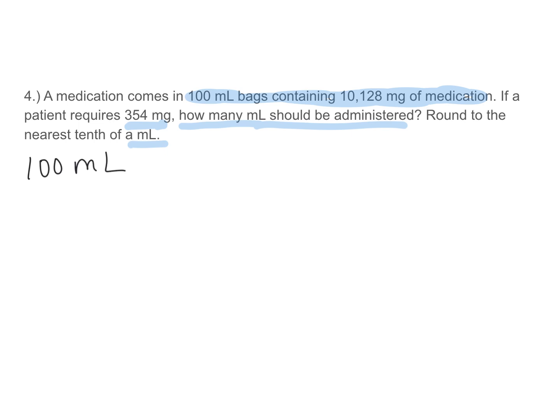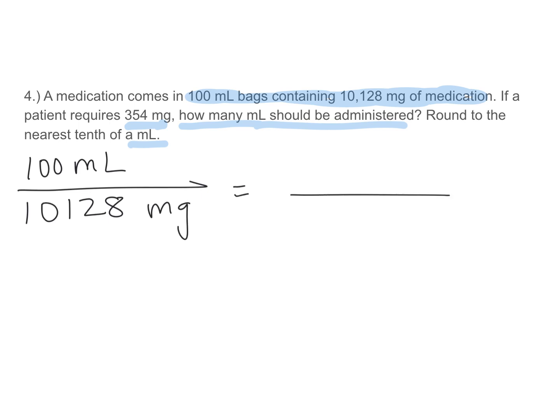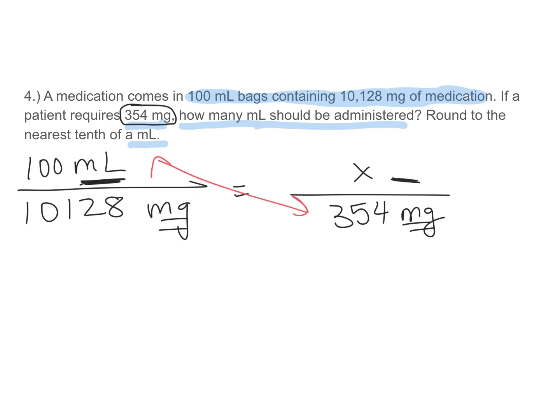So I have 100 milliliters, which contain 10,128 milligrams. Okay, and then what else am I given? Well, I'm given 354 milligrams. That needs to go here so that it matches on my denominator. And then the unknown is the milliliters. So that's where I'll put the X. So the X will be, of course, the milliliters on the top. Then I can cross multiply and solve.